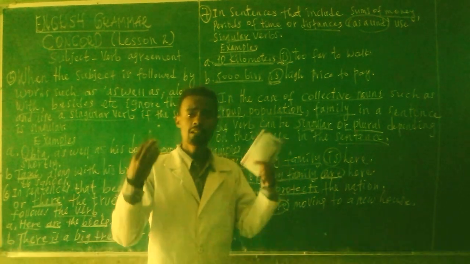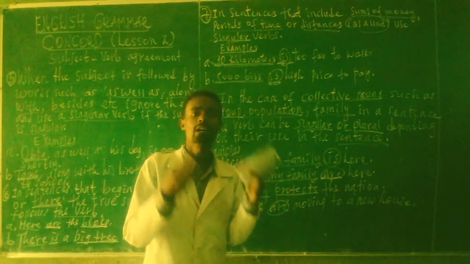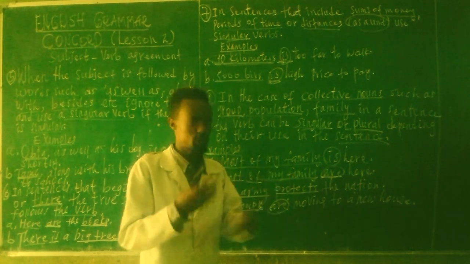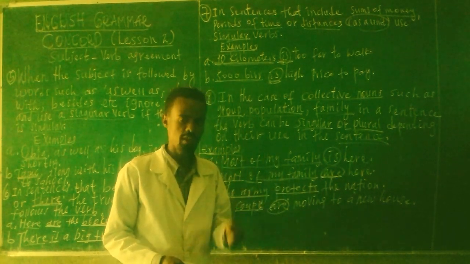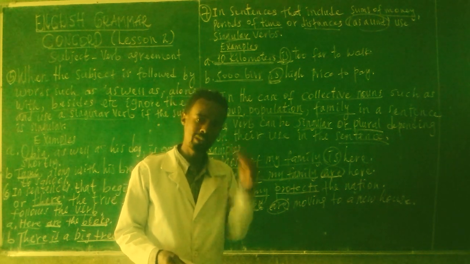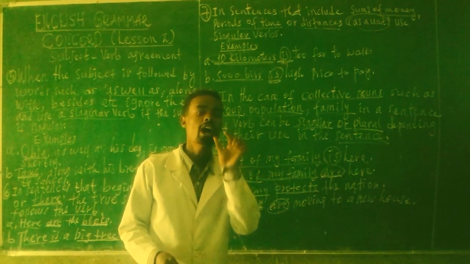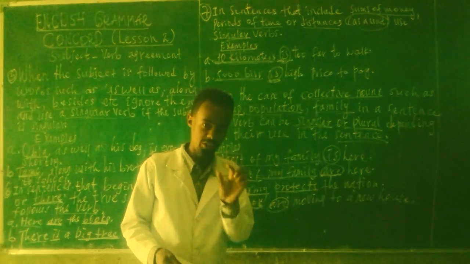So with collective noun subjects, it depends on the context or the situation we are talking about. If we take that collective noun separately, we have to use the plural verb.